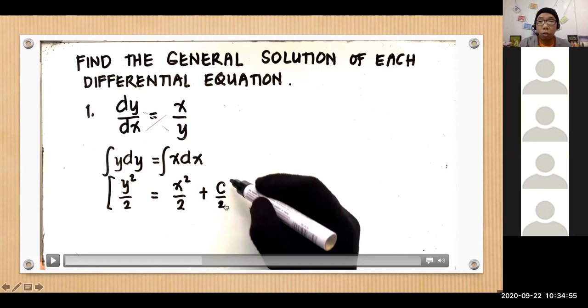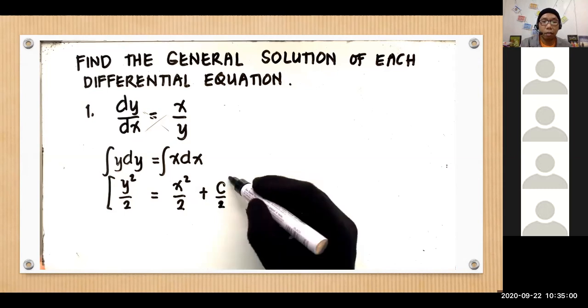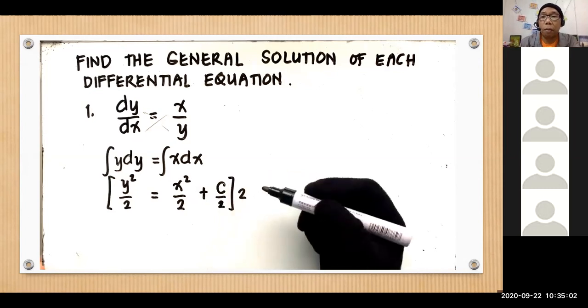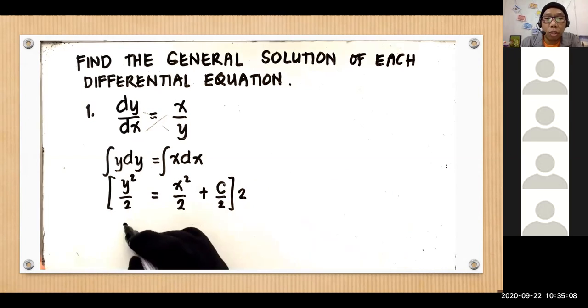Okay? Para pagdating sa general solution, C na lang yung lalabas. Okay? So, pwede kasing ganun nababaguhin mo yung C mo para ma-simplify mo yung entire solution nitong DE.